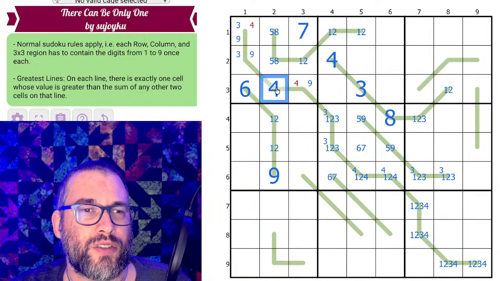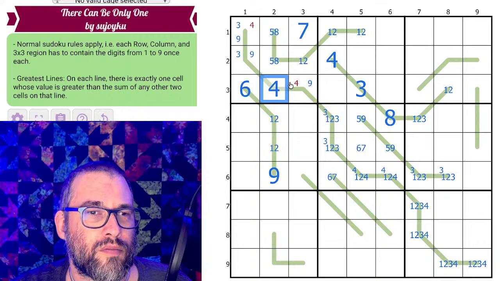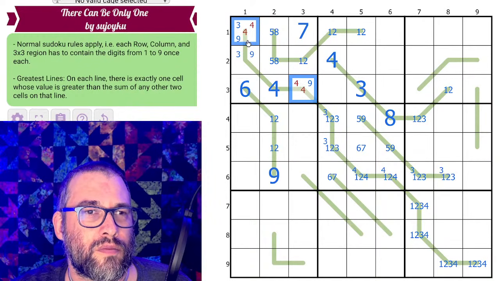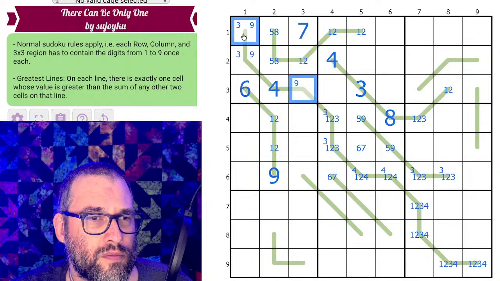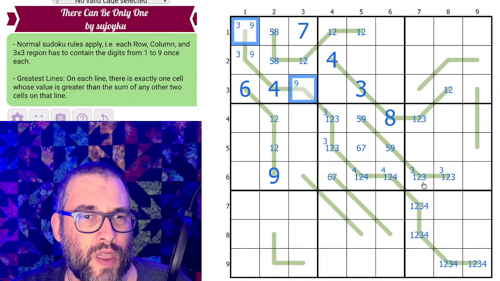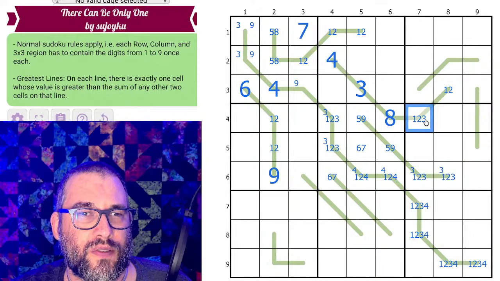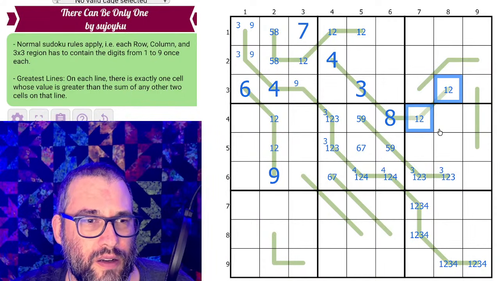Oh, this is just a 4. Ah, this 3 means that's not a 3. So there's no 3 on here. That's fine.